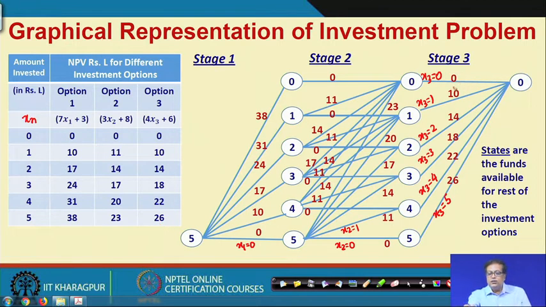So those 0, 10, 14, 18, 22 and 26 are all written in the third option. Now you must be clear how this entire diagram is completed. Once the diagram is completed, does it look like some diagram that we already know of?